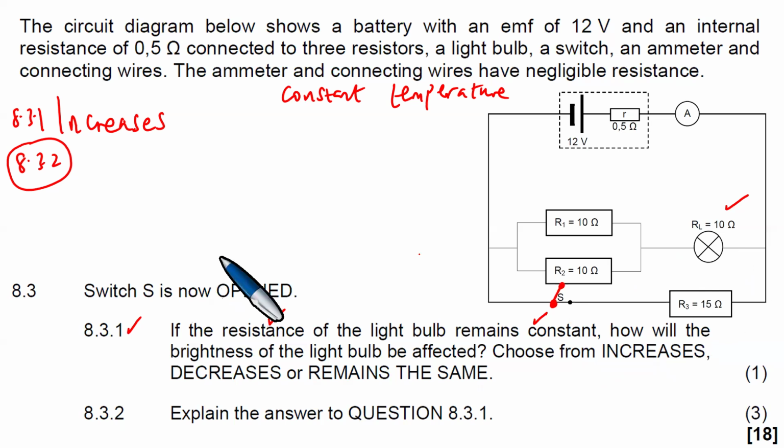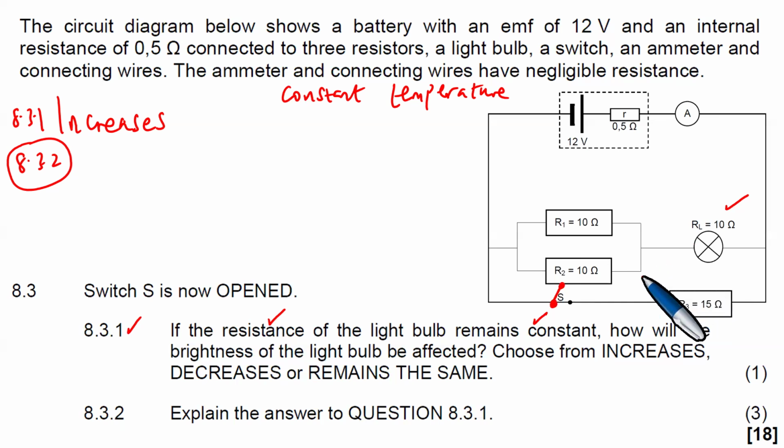Because if the resistance changes, if the temperature, obviously there's heat, the light bulb is glowing, its temperature is not purely constant. In reality, we can't imagine the temperature being constant, at least over a period of time. We expect the temperature of the light bulb to increase over time. When you switch on the light bulb, it's initially cold, and then it warms up.